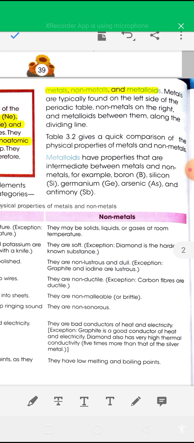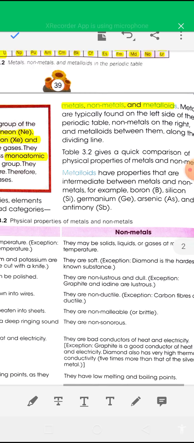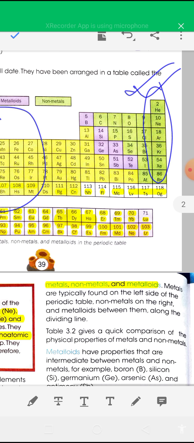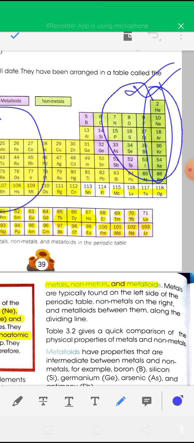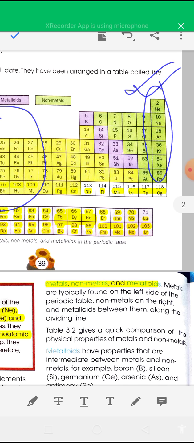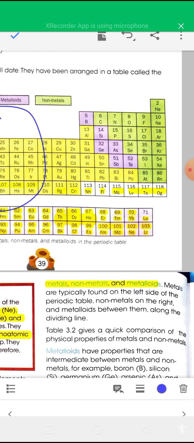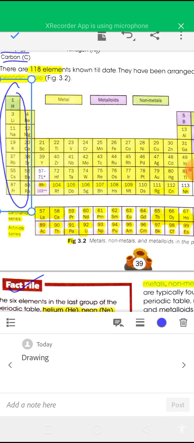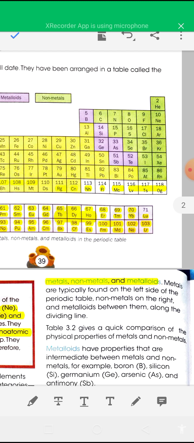Metals are found on the left side of the periodic table, and non-metals are found on the right side of the periodic table. Metalloids are in between them.